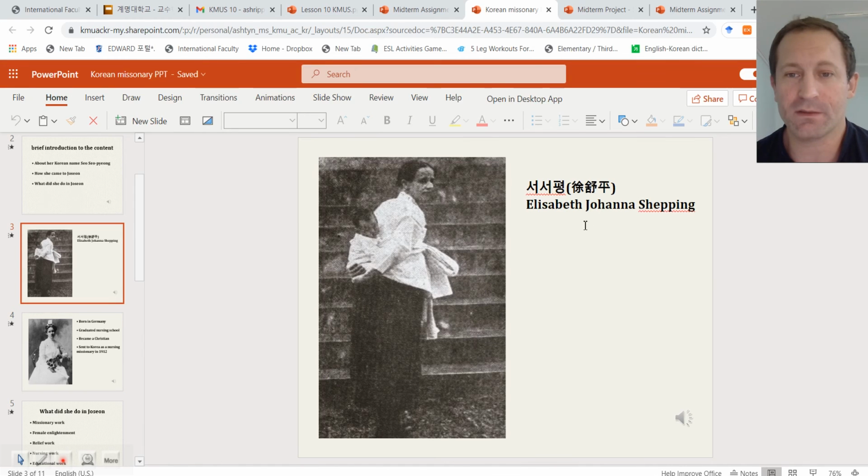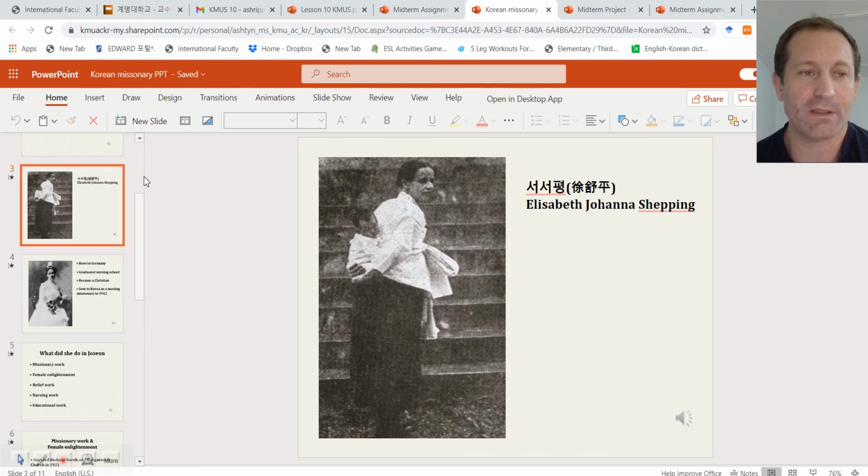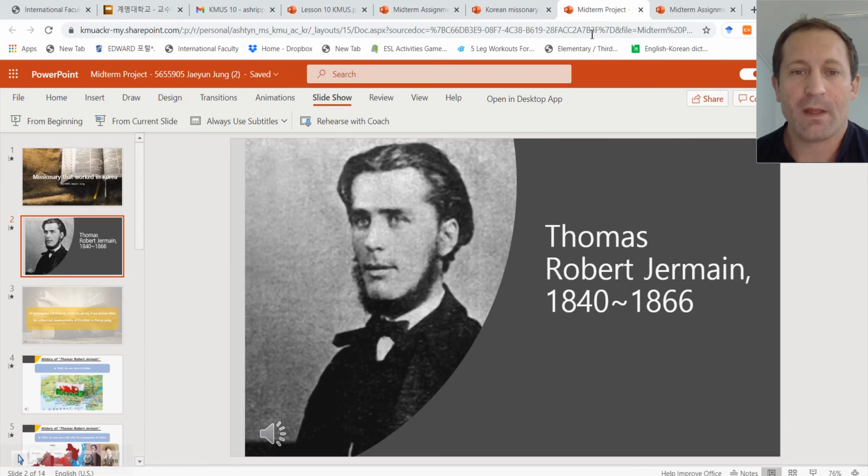Okay, so Elizabeth Shepping from Germany, and this guy, Thomas Robert Germain. I saw a few people talked about him. Man, this guy had a really sad life, so we're going to learn about him as well.